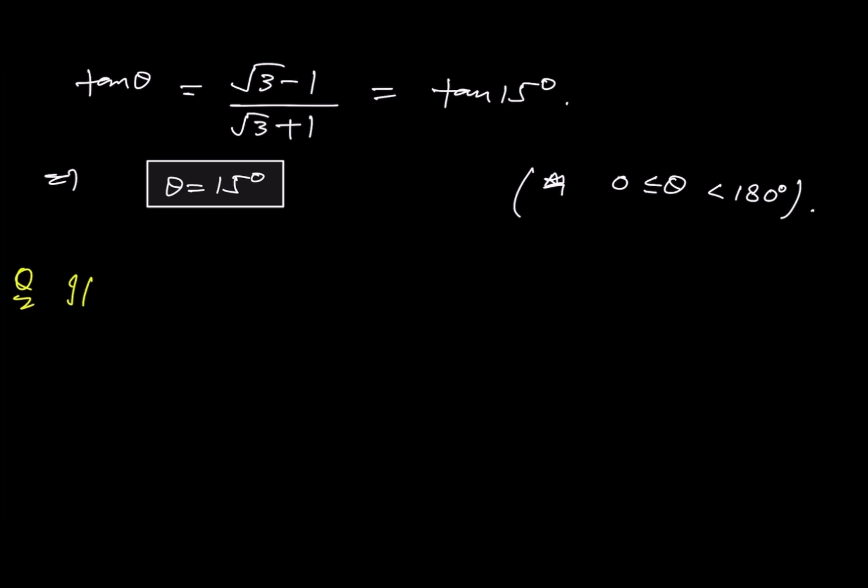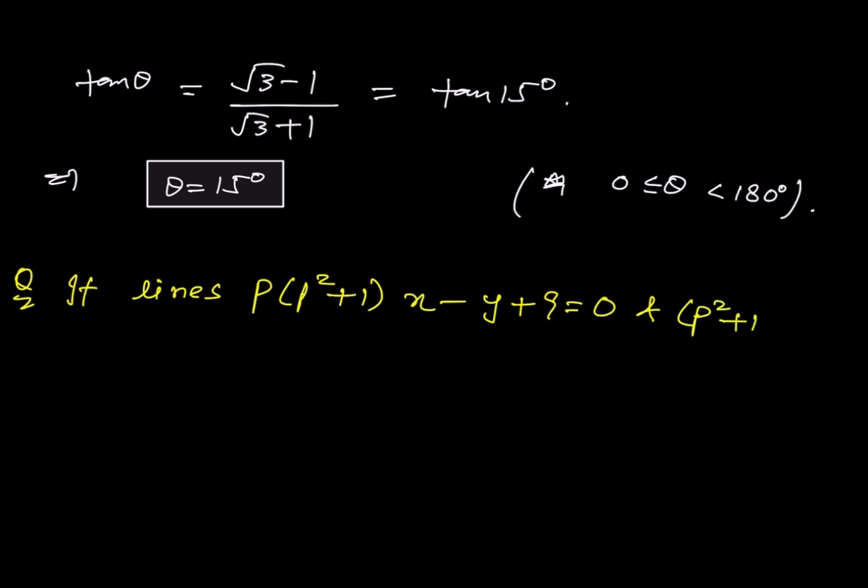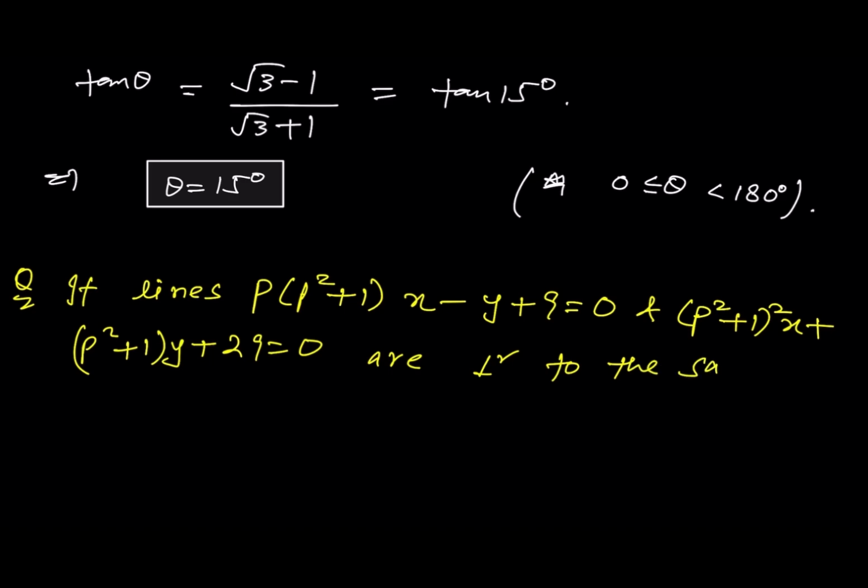If lines p times p square plus 1 x minus y plus 9 is equal to 0, and p square plus 1 whole square x plus p square plus 1 times y plus 29 is equal to 0, are perpendicular to the same line, find p.